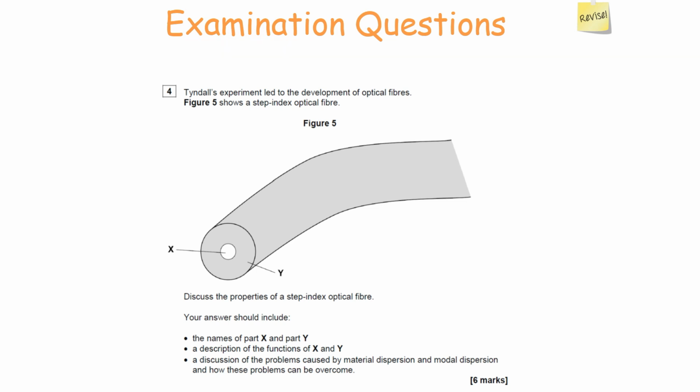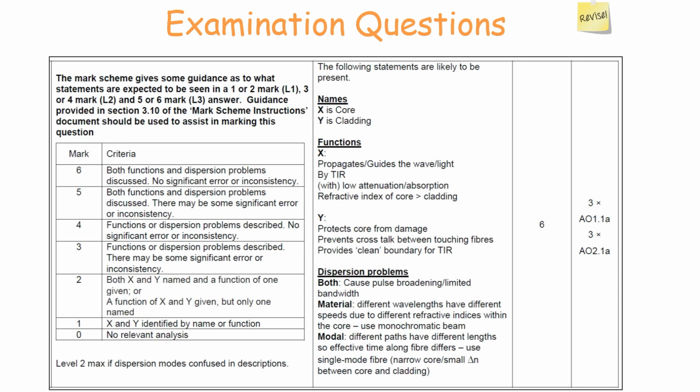Right, so for this one you've got to hit each bullet point individually to make sure you get your full 6 marks. So for the first bullet point, the name of X is the core and Y is the cladding. Now the function of the core is to propagate or guide the light, the wave, through the actual optical fibre by total internal reflection.